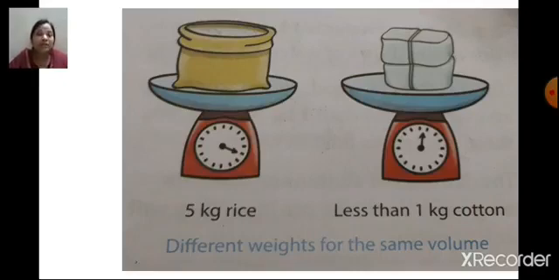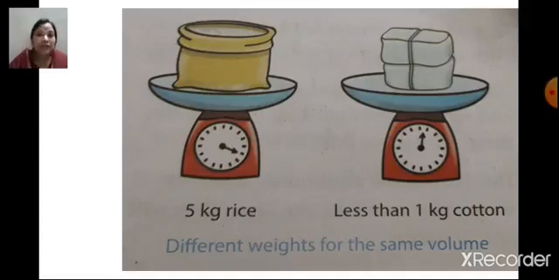Volume means space occupied by something. But as you can see, the cotton wool is only 1 kg, whereas rice is 5 kg. So, different weights, but they are having same volume. So, the materials which may be having same volume may have different weight.